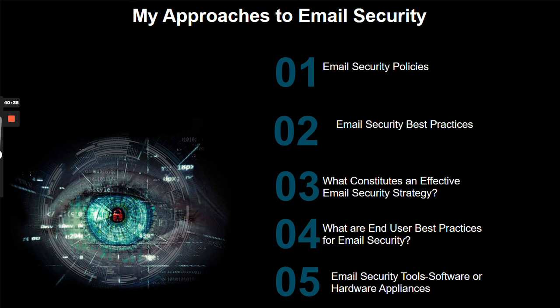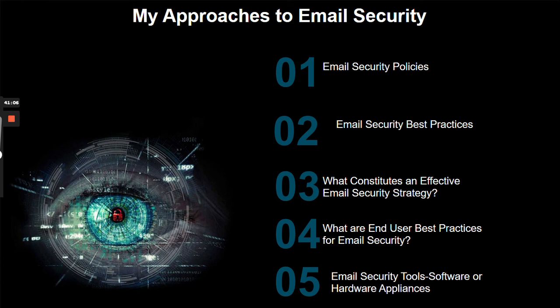So these are some of the things that you can enforce in your end user email best practices for email security. Get your users aware and conscious of the landscape that exists through training, and the effect and the consequences when they are not alert as it relates to emails and what can be done.